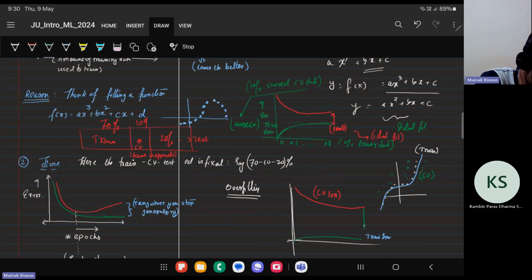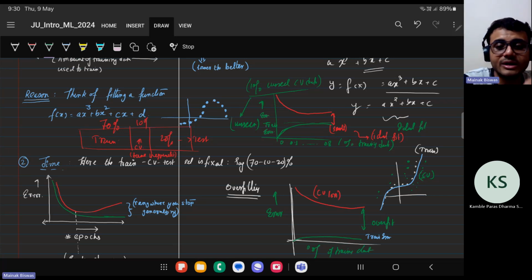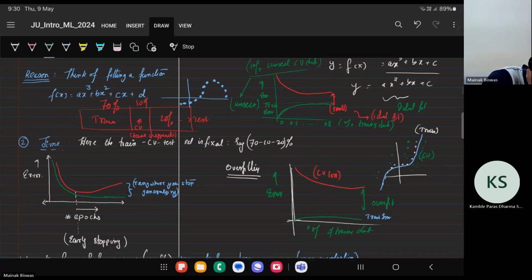This is called overfit. When you have a large gap between the cross validation loss and the training loss, for example, say 70% is your cross validation accuracy and 99% is your train accuracy, then you can say the model is overfitting.